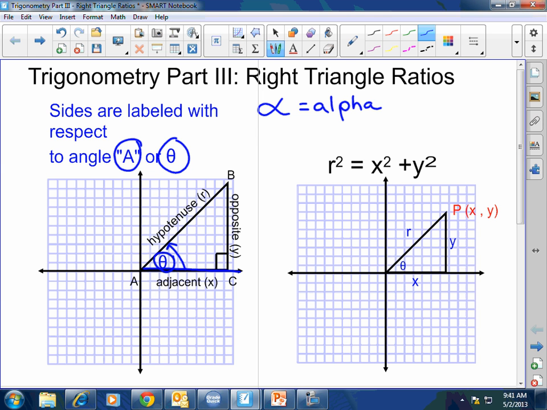And then sometimes you'll have lambda, which is a little l. You can have a lot of different Greek letters to represent angles. That's what they like to do in trigonometry. They like to represent with Greek letters. But these are pretty popular, theta, alpha, and lambda.